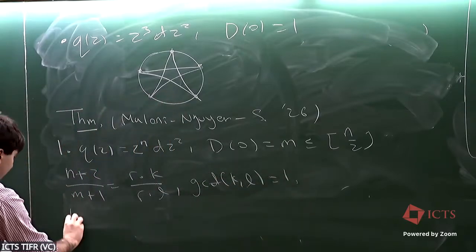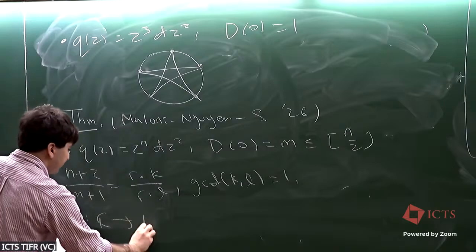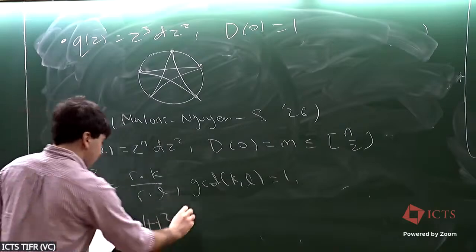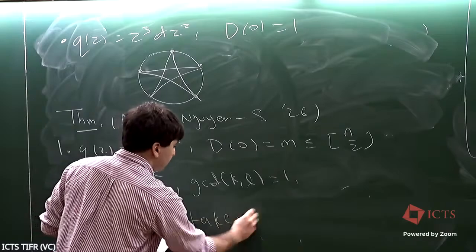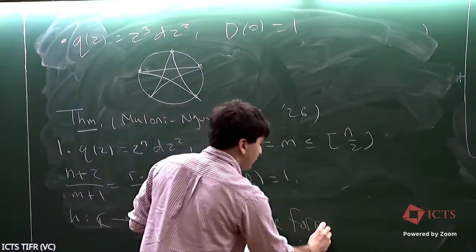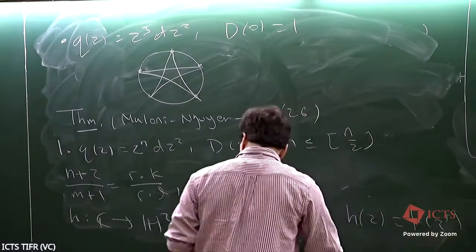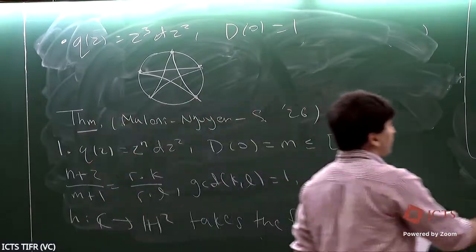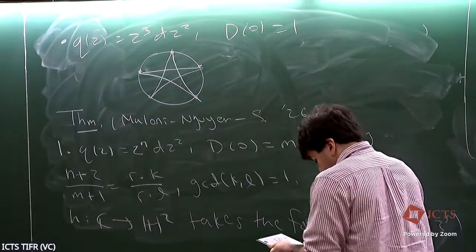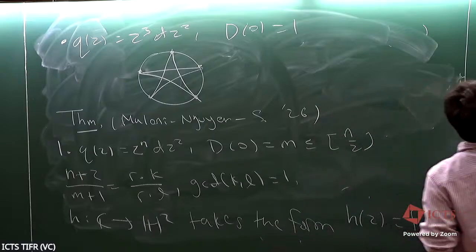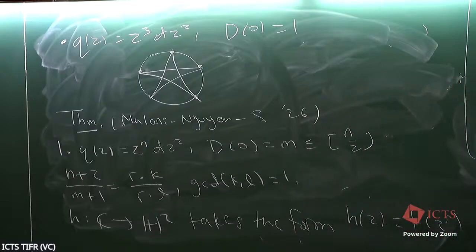And so then h from C to H2 takes the form h of z is f of z to the r. And I'll tell you what f is when I erase the board. And so f is a harmonic map onto what's called a KL ideal star polygon.